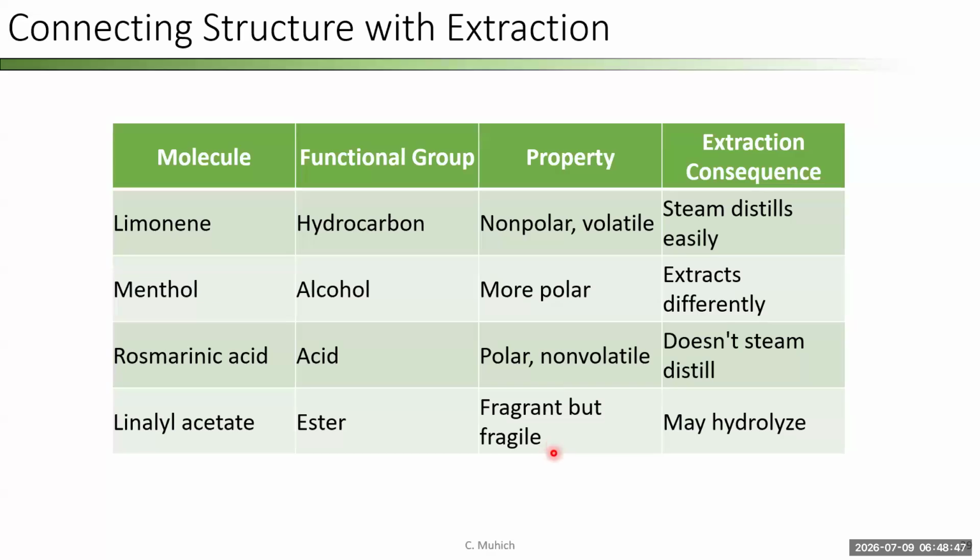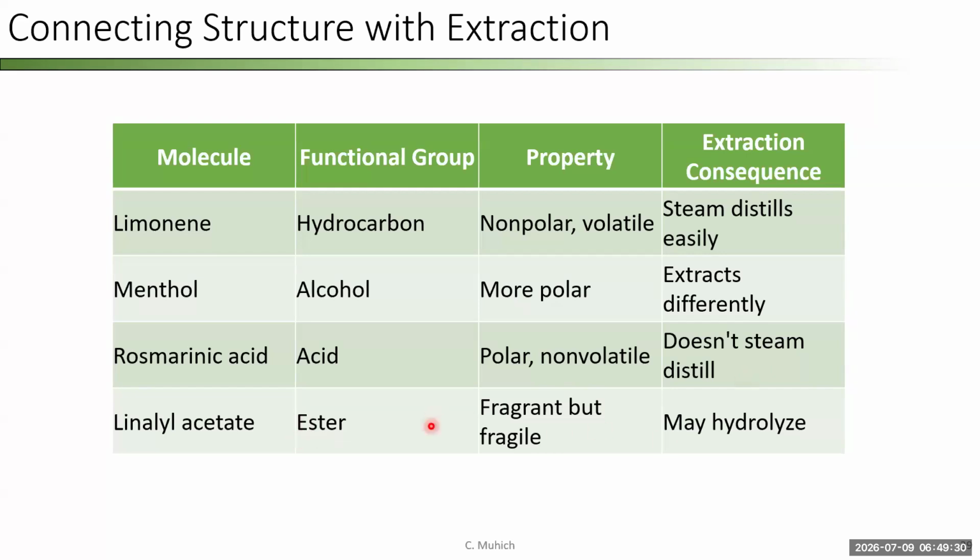Because of these differences in the structure, limonene is easy to do and stable with steam distillation. Alcohols like menthol are easy to extract either with steam distillation or extractions using many different solvents. Rosmarinic acid is highly polar and non-volatile. So we can't use steam distillation, and we want to use a polar solvent to try to pull that out.